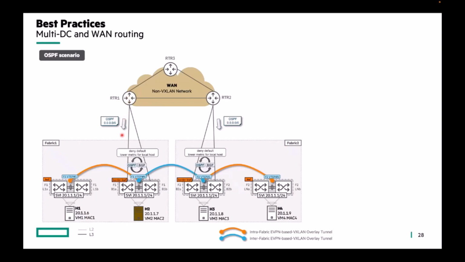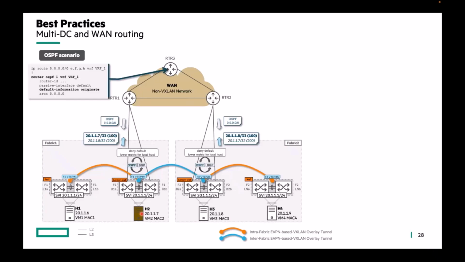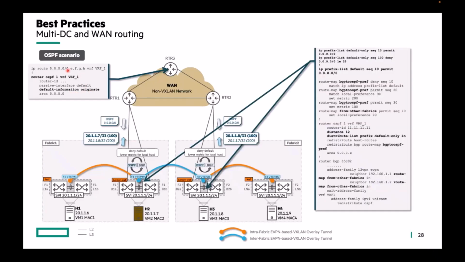So the default route is being sent. We are also using metric manipulation to ensure that we have backup and nominal paths for each host to reach the internet. On the routers, we are sending default-information originate. They may have their own default route.